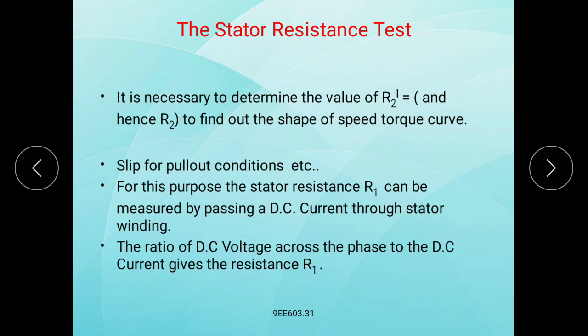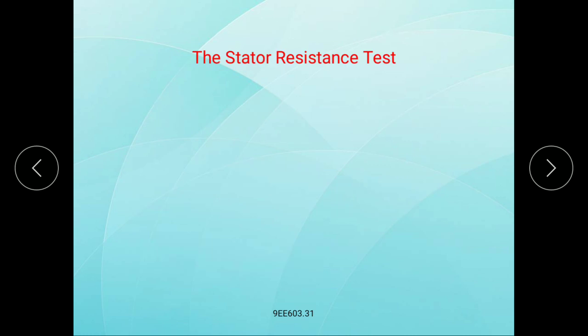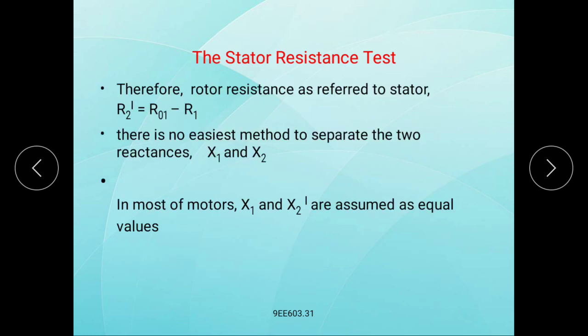The ratio of DC voltage across the phases to the DC current gives the resistance R1. Therefore, rotor resistance as referred to the stator, R2 dash, is equal to R01 minus R1. There is no easy method to separate the two reactances X1 and X2. In most motors, X1 and X2 dash are assumed to be equal.